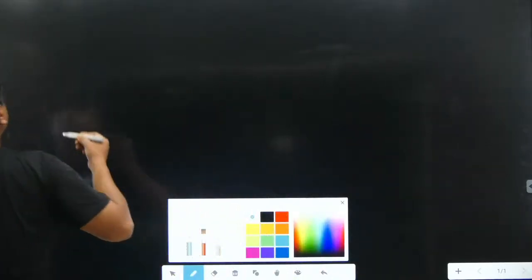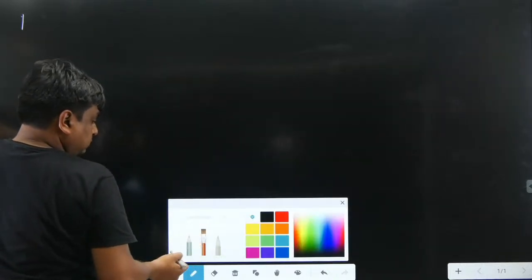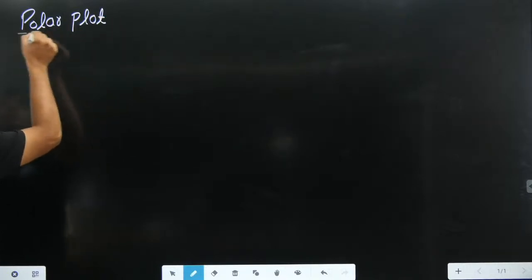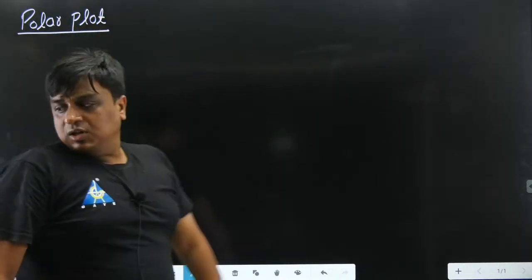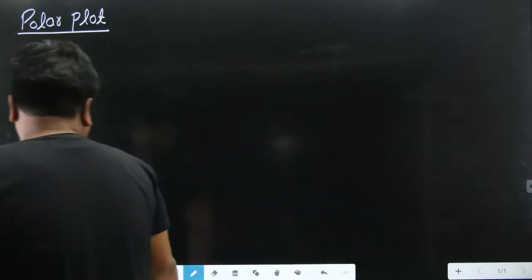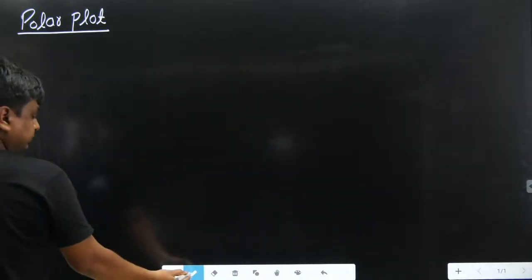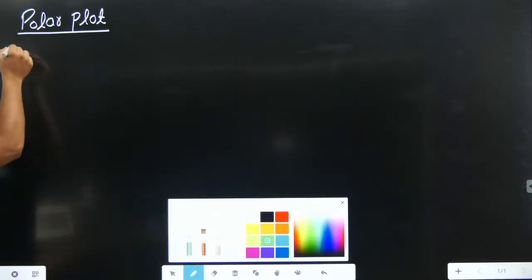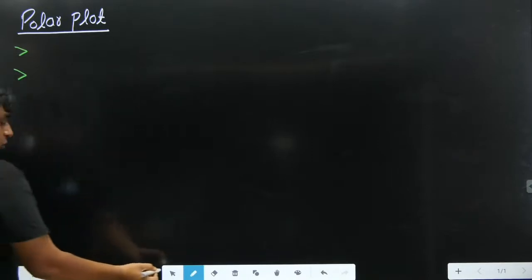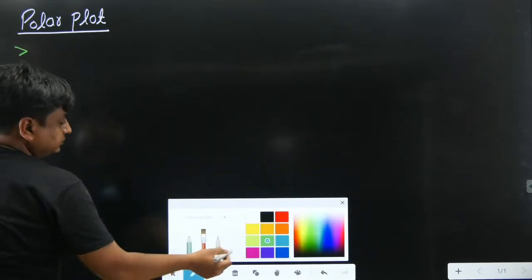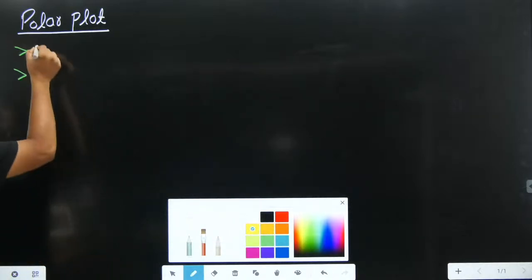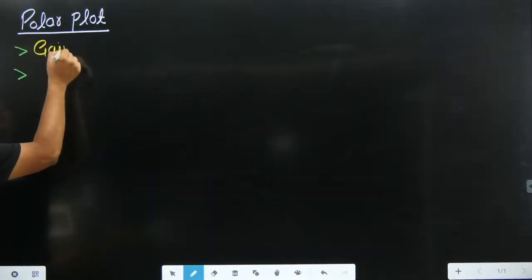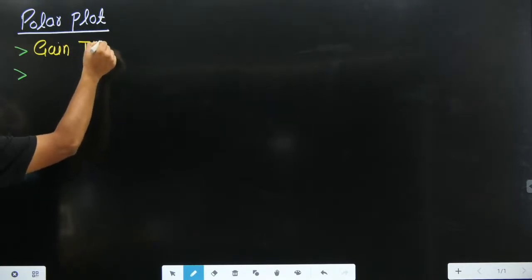So put the heading as polar plot. We are going to start with the polar plot. Within the polar plot, the specific topic we focus on is how much gain would be offered by the transfer function in the frequency domain.